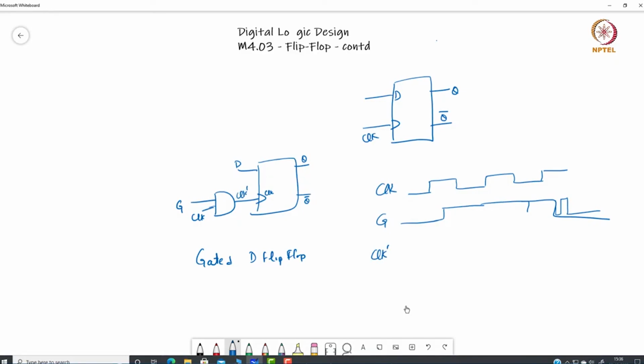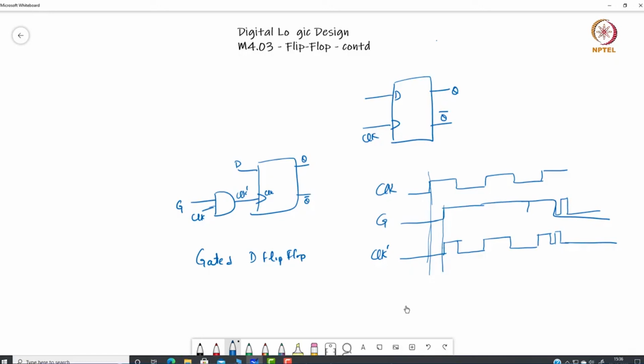In the new clock, what is happening now? First of all, it is not synchronized. You see, because of this, even after this there would be a certain delay of this AND gate, and because of that my clock dash is even shifted.